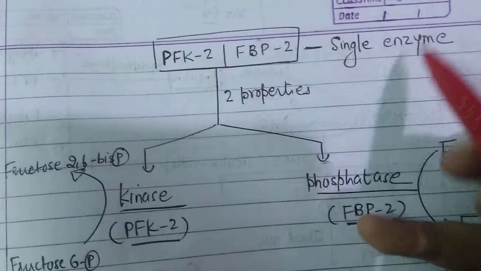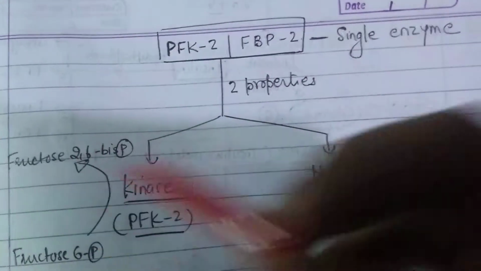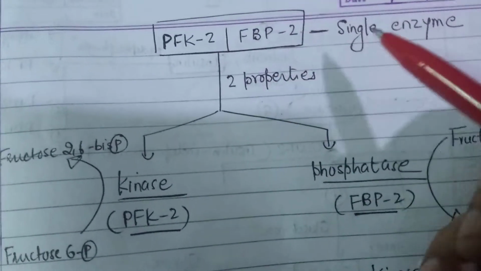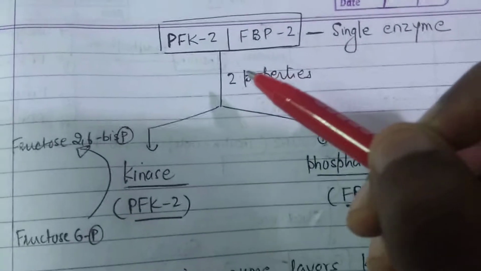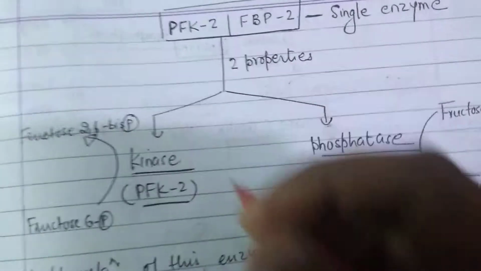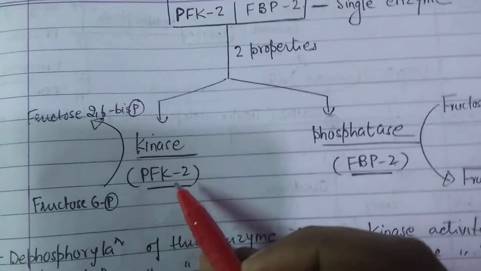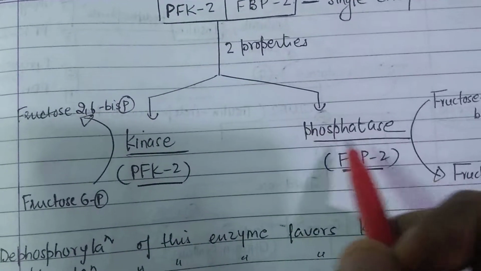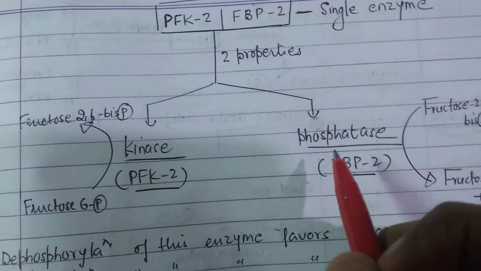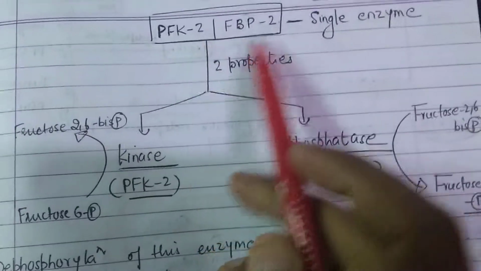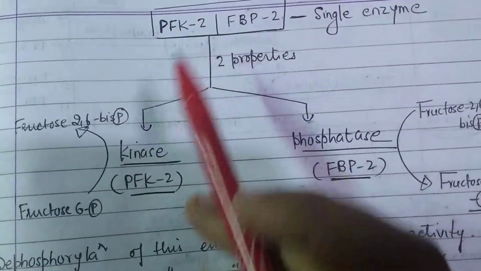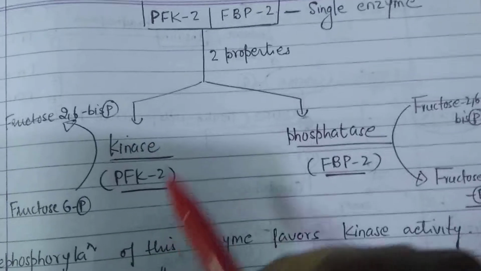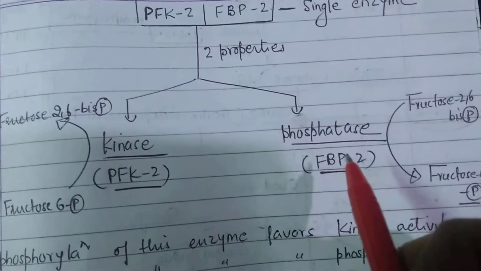Now this is a single enzyme, but it has two properties. One is kinase, that is of PFK2, and the other is phosphatase, that is of FBP2. Basically this is a single enzyme, but at one time it acts like a kinase, PFK2, and at other times it acts like a phosphatase.